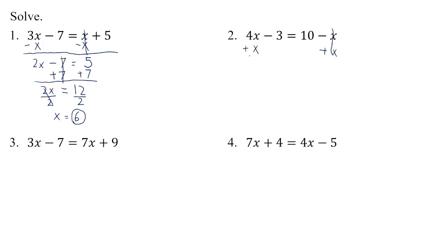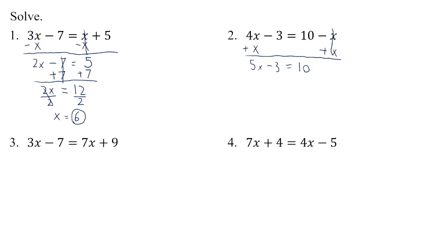They cancel out. 4x plus x is 5x minus 3 equal 10. So again, when you deal with the variable first, you get a two-step equation. So let's solve this two-step equation.